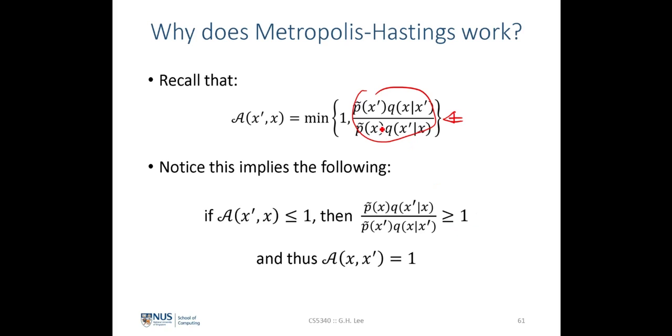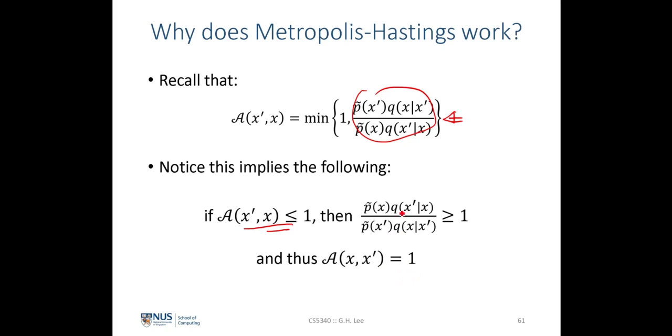Because it is more than or equal to 1, we take the min of it, and thus the acceptance criterion of the inverse, x and x prime, is going to be equal to 1.